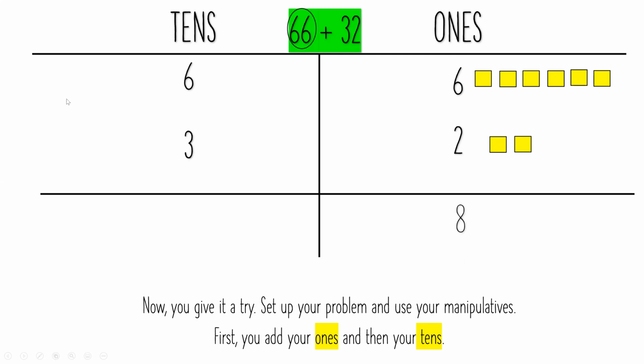Now let's use our 10 base blocks to add our tens. 10, 20, 30, 40, 50, 60, 70, 80, 90. 98. So 66 plus 32 is 98.